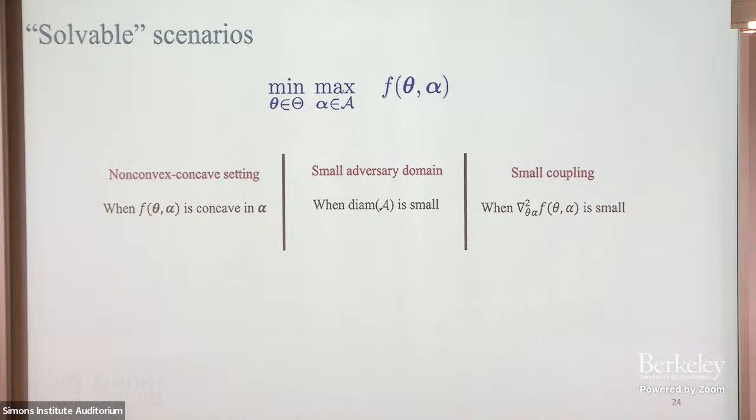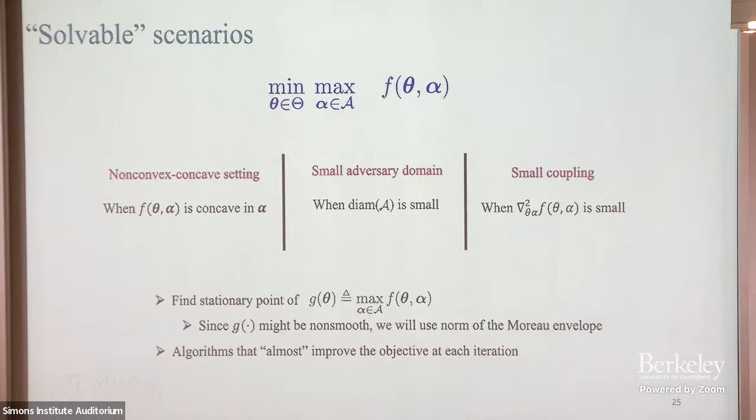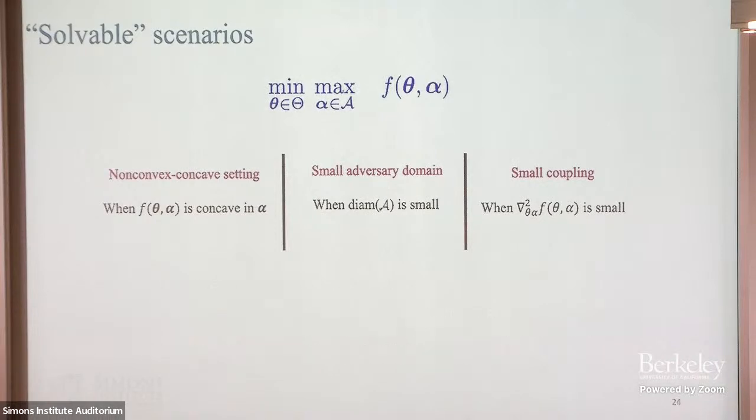And then you have a small coupling, meaning that the smoothness parameter corresponding to the Hessian with respect to theta and alpha is small. You take the first derivative with respect to theta and measure the second order derivative with respect to alpha, and this thing is small. Those 3 are not and, they are or.